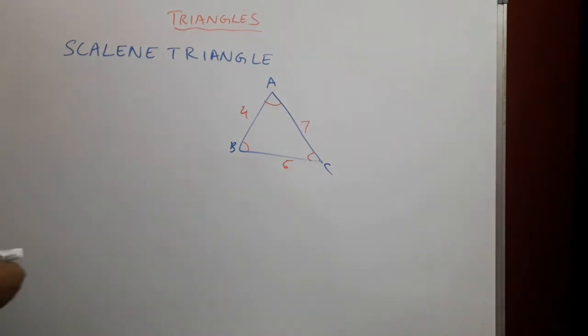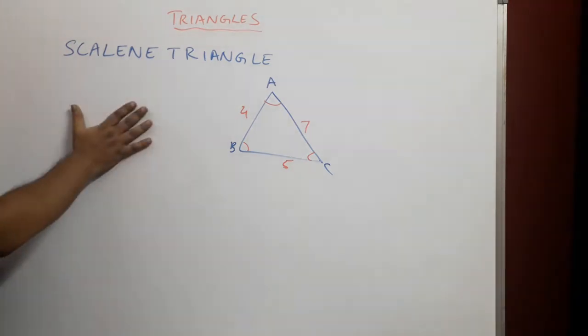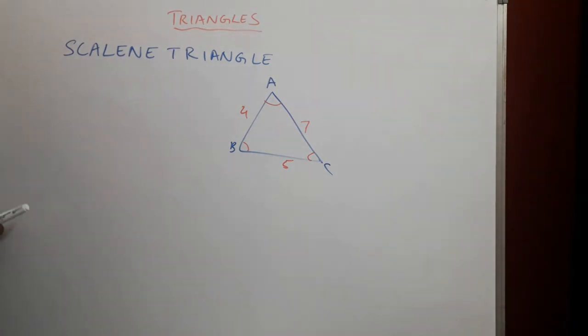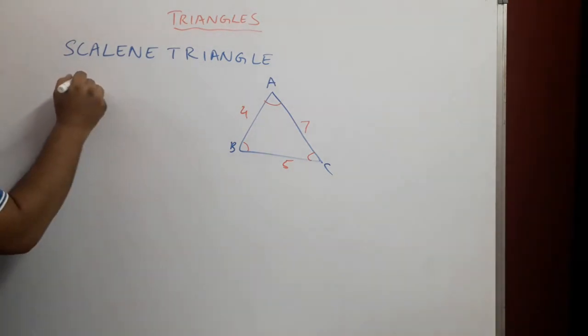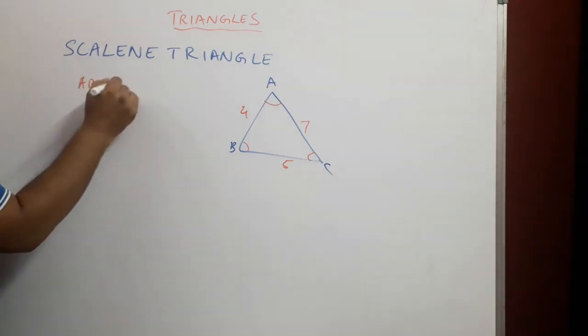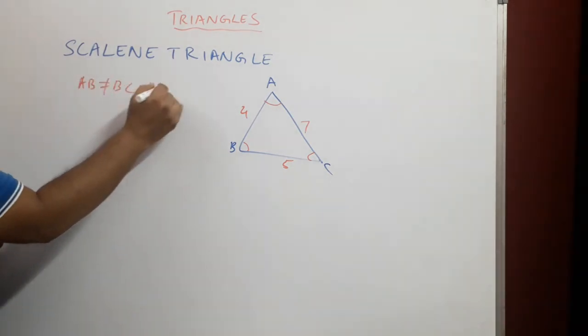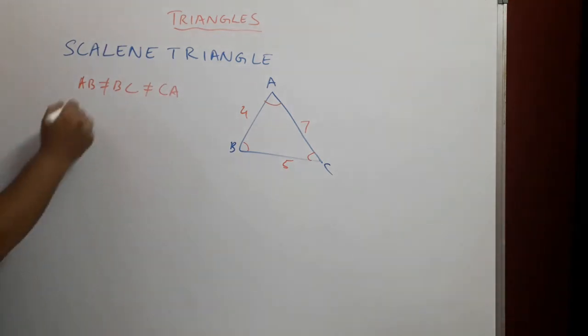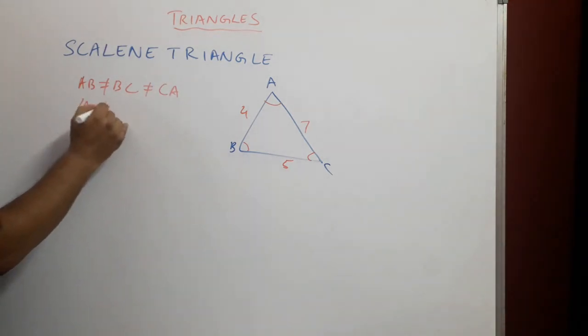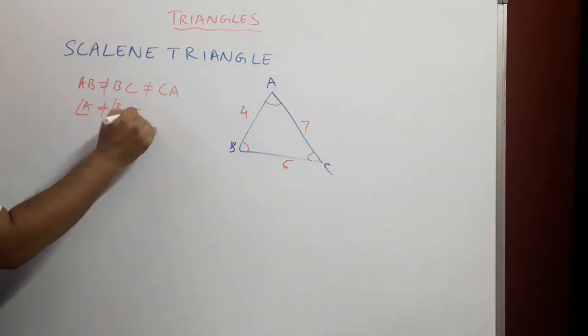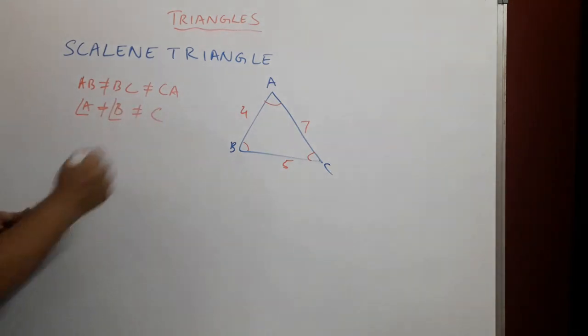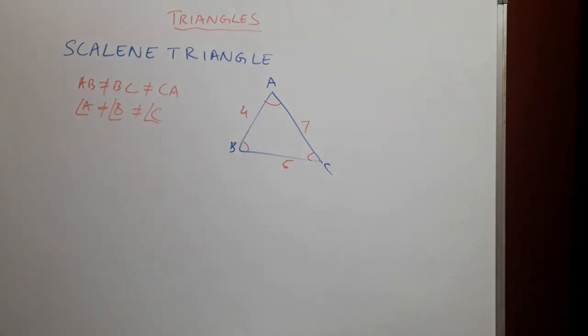So in the case of the scalene triangle, AB will not be equal to BC, not equal to side CA, or angle A is not equal to angle B, not equal to angle C. Okay, so under sides and angles we get three types.